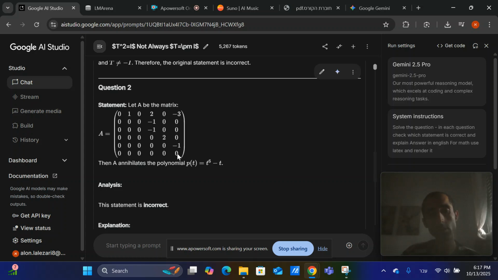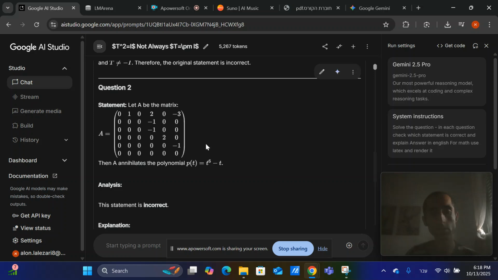For a triangular matrix, the eigenvalues are the values on the diagonal. So you can understand that all the eigenvalues of this matrix A are zeros because all the diagonal entries are zeros, and this is an upper triangular matrix. For a triangular matrix, the eigenvalues are just the diagonal entries.